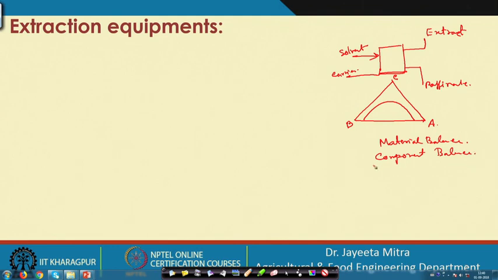Always remember, whether it is a leaching operation or an extraction operation, the ideal case is that you will get one plot of x_A versus y_A, where x_A defines the concentration of the solute in the overflow or in the extract, and y_A defines the concentration in the raffinate or in the underflow. You will have a 45-degree line if the process is at exact ideal equilibrium condition, but generally it is not.